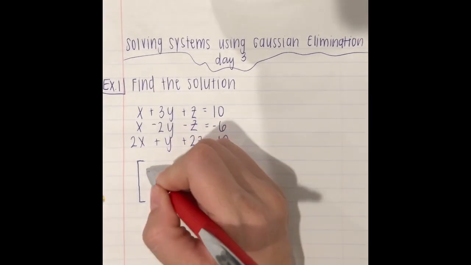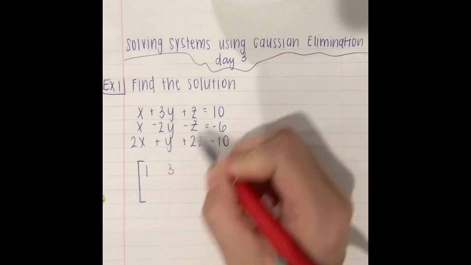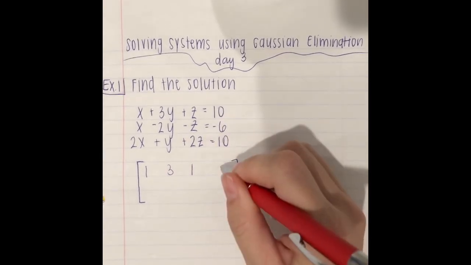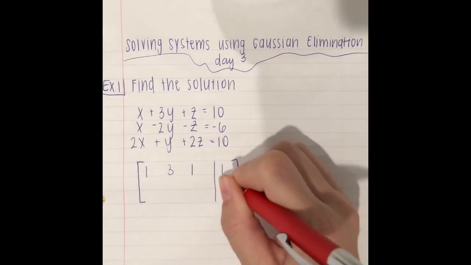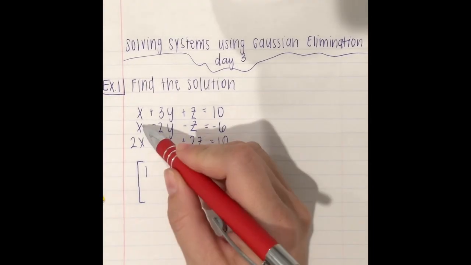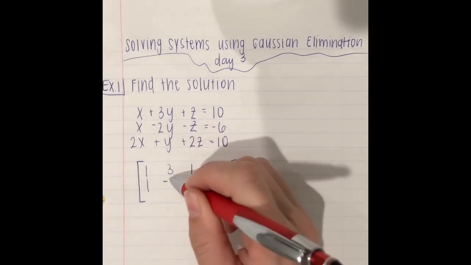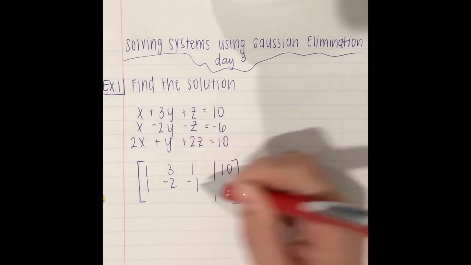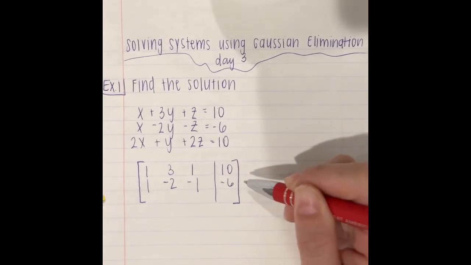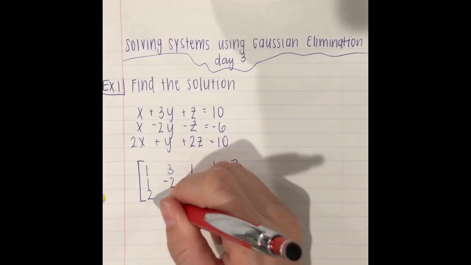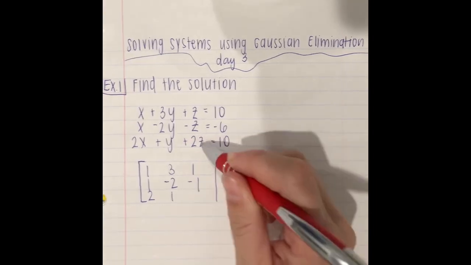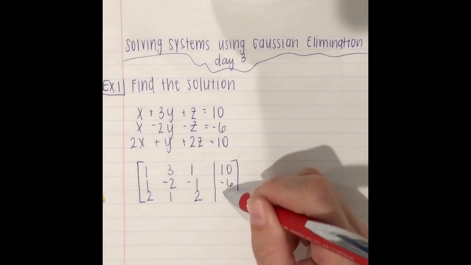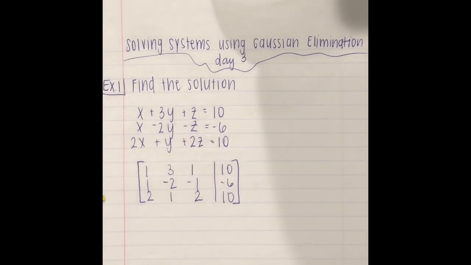We have 1x, 3 y's, 1 z, and it equals 10. Then we have 1x, negative 2 y's, negative 1 z, and it equals negative 6. Then 2 x's, 1 y, 2 z's, and it equals 10. Okay, so here's our matrix.